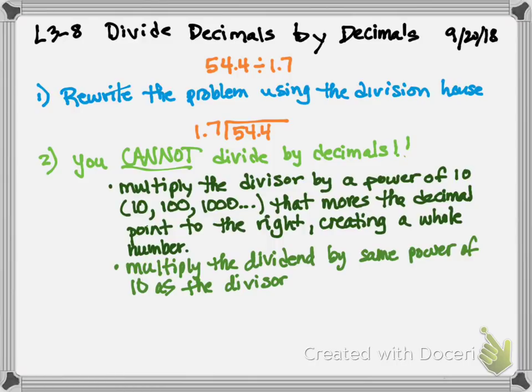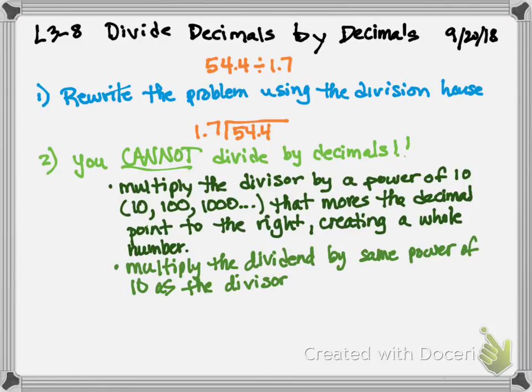Now, that does not always mean that I'm going to be moving the decimal point for both the divisor and the dividend to the end. Sometimes it goes beyond a number in the dividend. Sometimes we have to fill in with a 0. And sometimes it stops in the middle of a number. That's okay.